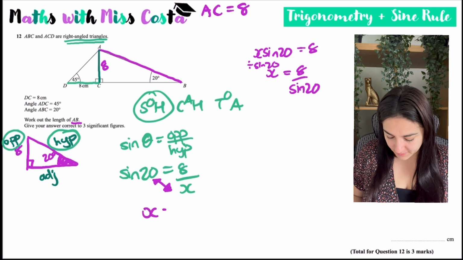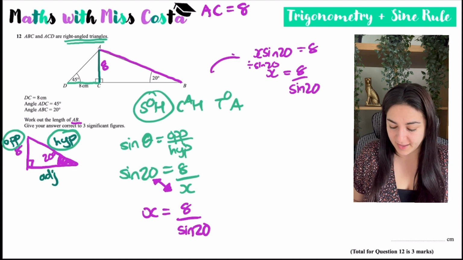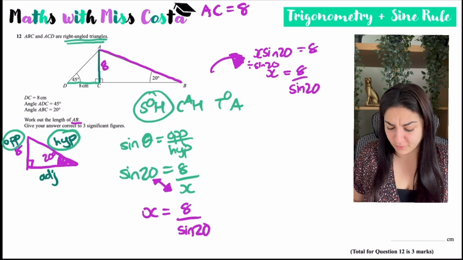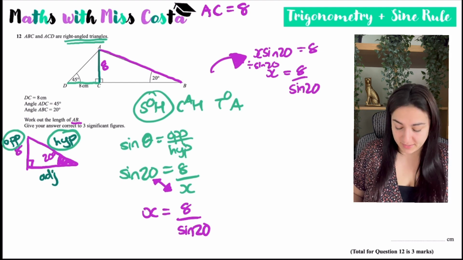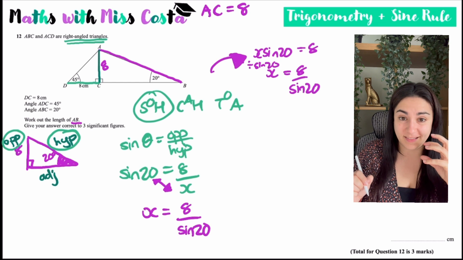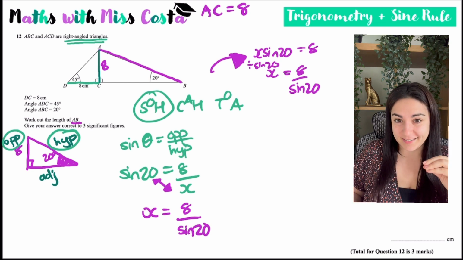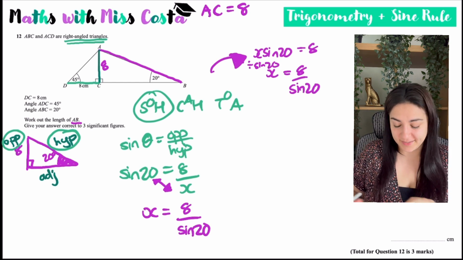So that becomes X equals 8 over sine 20. A lot of people get confused by that, so if it's easier for you to grasp, then just know that you flip them if you're trying to make something the subject and it's the denominator.